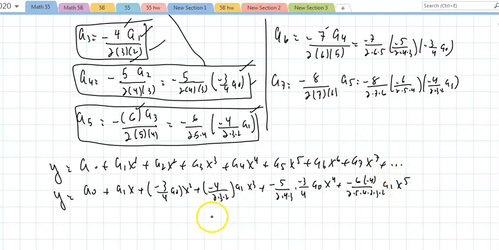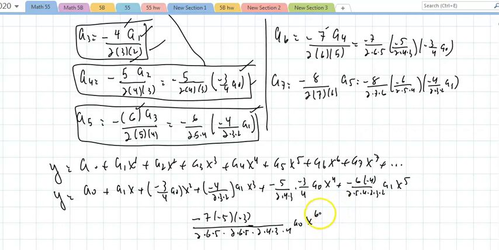I'm going to list a sub 6 and a sub 7. So a sub 6 is actually negative 7 times negative 5 times negative 3 over 2 times 6 times 5 times 2 times 6 times 5 times 2 times 4 times 3 times 4 a sub 0 x to the 6.